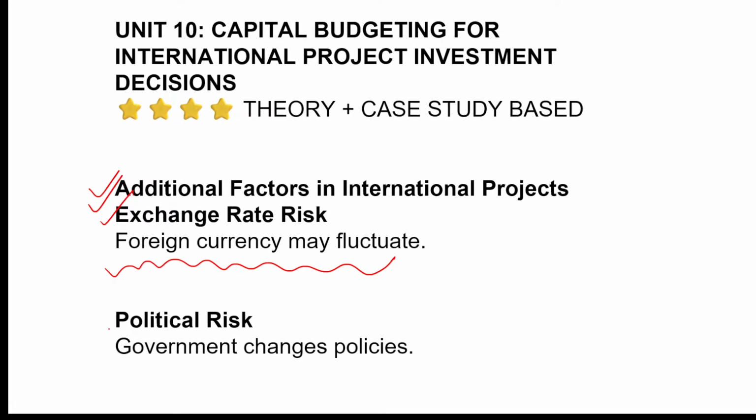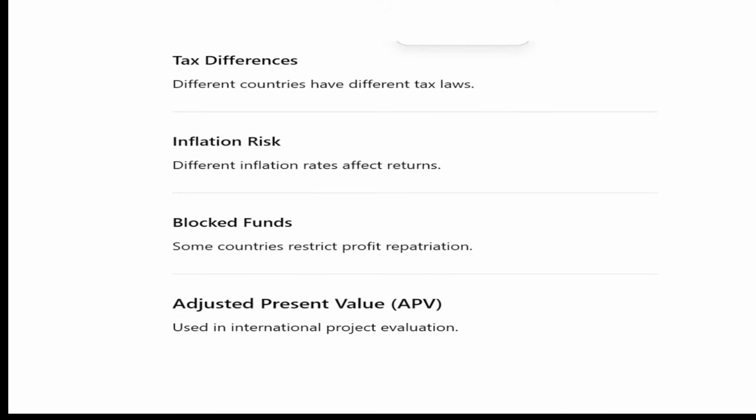There will be political risk. What if the political parties of two nations have a war? For example, out of nowhere there is a war, and UAE is not a participant, but even though they are under a lot of pressure, right? Then you have tax differences. Different countries have different tax laws. There will be the inflation rate.